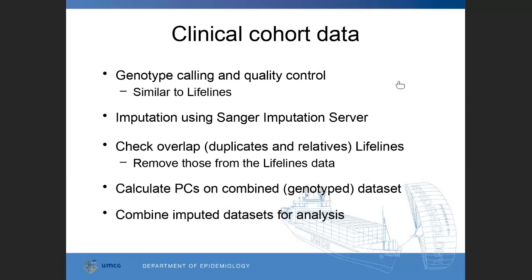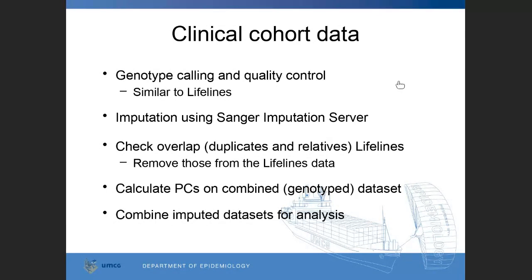If, for instance, a father of a case participated in Lifelines, that one should also be identified. Ideally those should be removed from Lifelines. If you don't want to remove any of your cases, but Lifelines is big enough, remove those duplicates and relatives from the Lifelines data set.